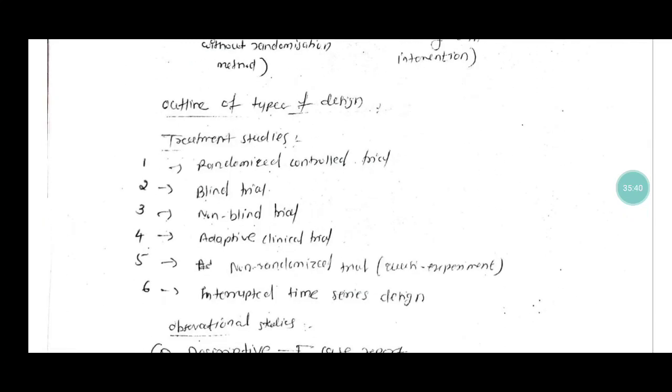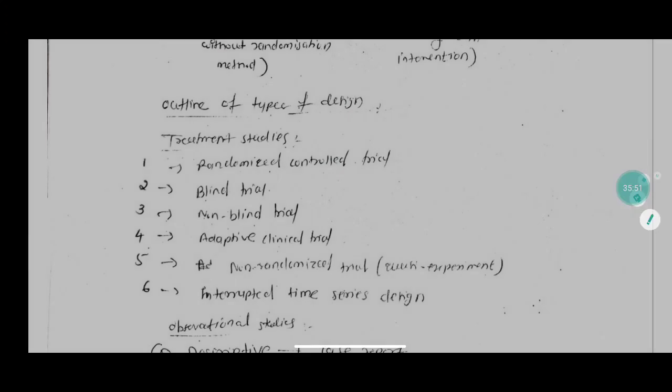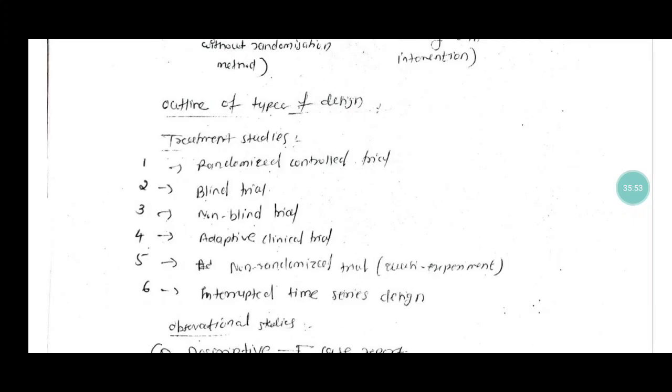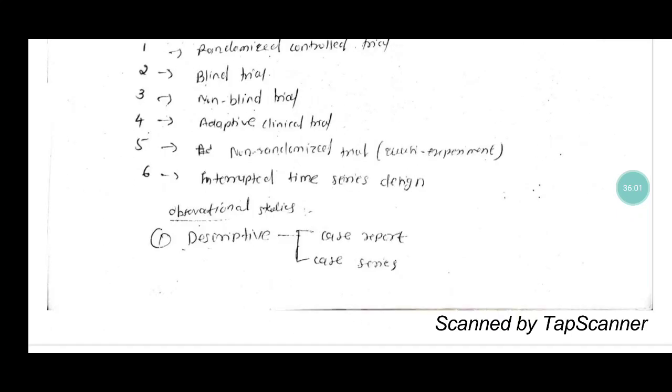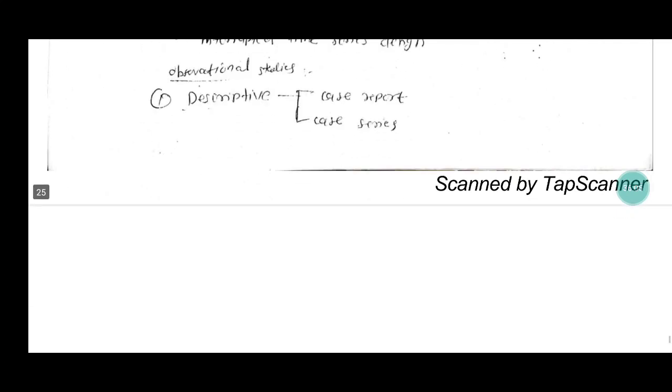And the outline types of design: treatment studies for the randomized control trial, blind trial, non-blind trial, adaptive clinical trial, non-randomized trial, that is also called quasi experiment, and interrupted time series design, where the observational studies, descriptive case report and case series.